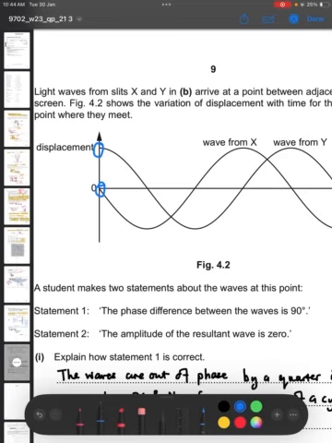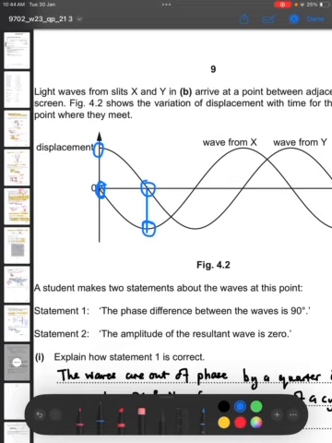So adding these two, the resultant wave cannot have an amplitude of 0. Having an amplitude of 0 implies that at every point, the resultant is 0. Now, this is proven wrong, since even at the start here, the resultant is not 0. Even if we use this point here, here there is a displacement, here the displacement is 0.